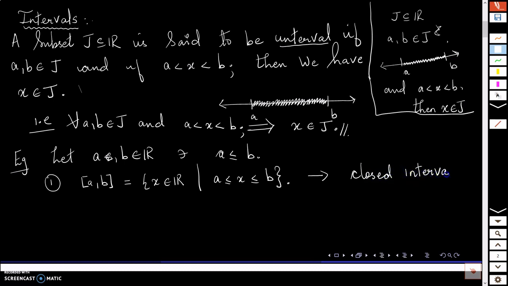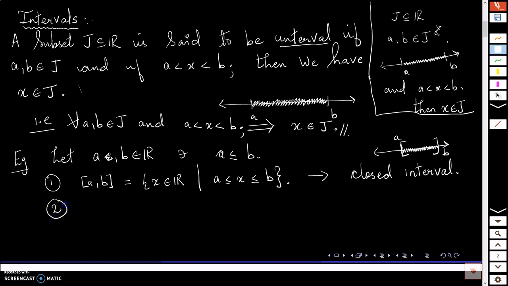Both the endpoints A as well as B are included in this interval, and everything between A and B is also included. On the number line, I have A here and I have B here, A and B are there in this interval, and everything in between is also present. So this is called a closed interval.